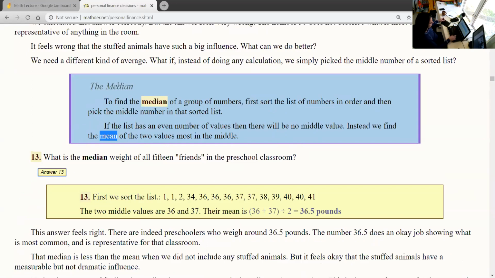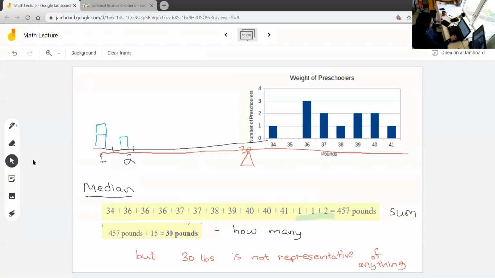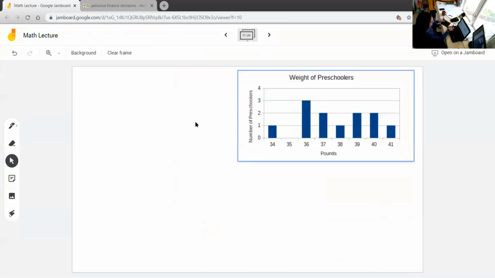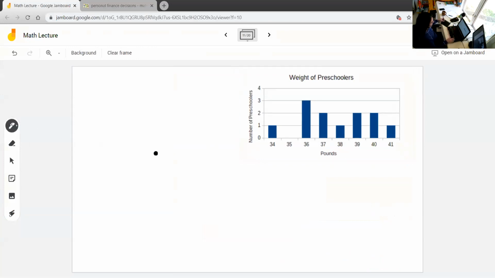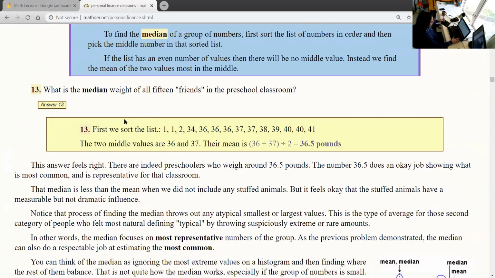So now what we're doing is, let me copy this again. We're taking that list and sorting it.